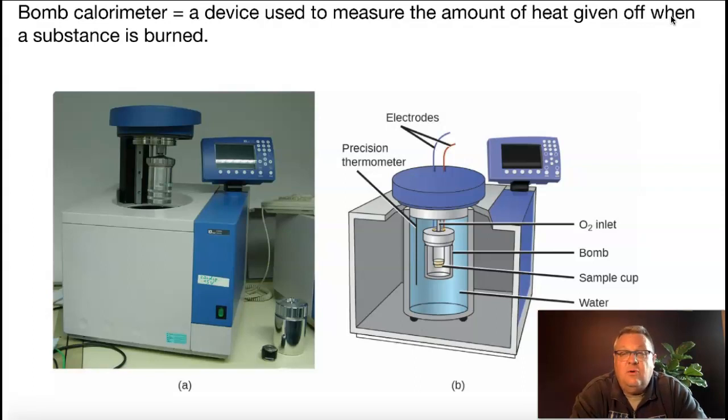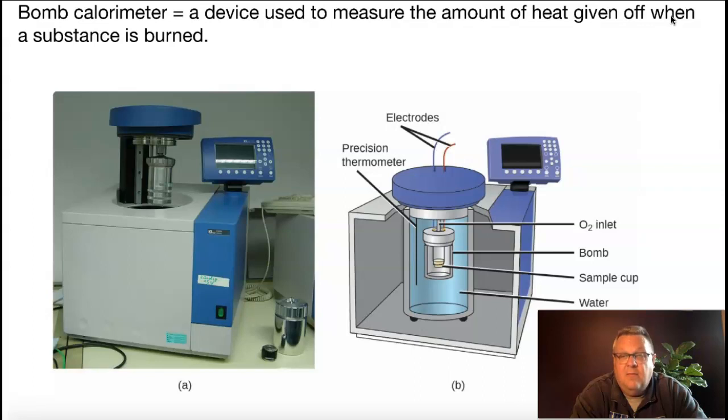You then submerge that sealed bomb jar in a certain volume of water. Okay, you can see that. And that water is evenly mixed, and it has a thermometer in it, so you know the exact temperature of the water.